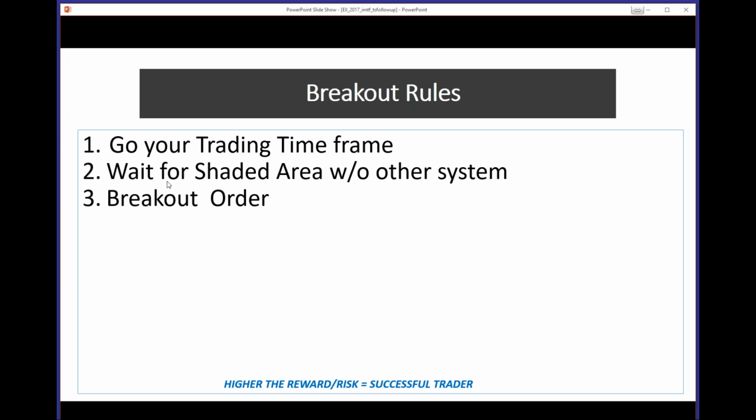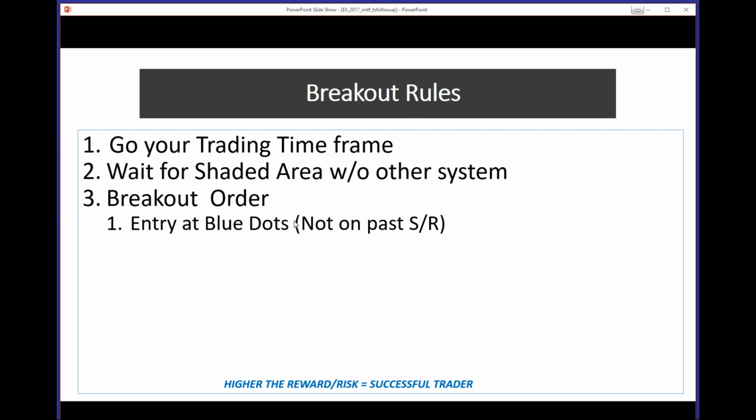Once that occurs, now you're ready to place a breakout order. When you place a breakout order, it's going to be at the blue dots. Now, the blue dots are a formula. There's no way anyone could sit there and program everything to be an exact formula. So the blue dots are a guideline where the breakout entry should be.